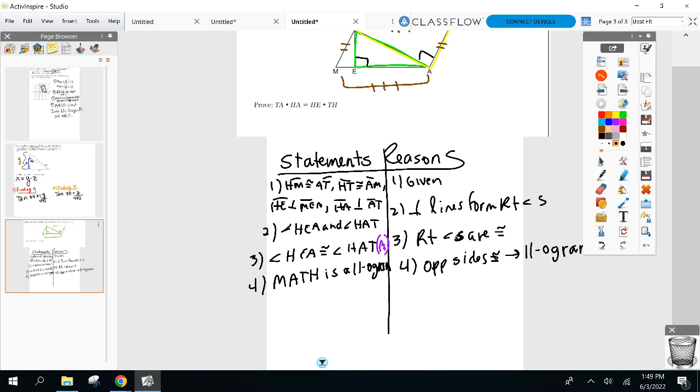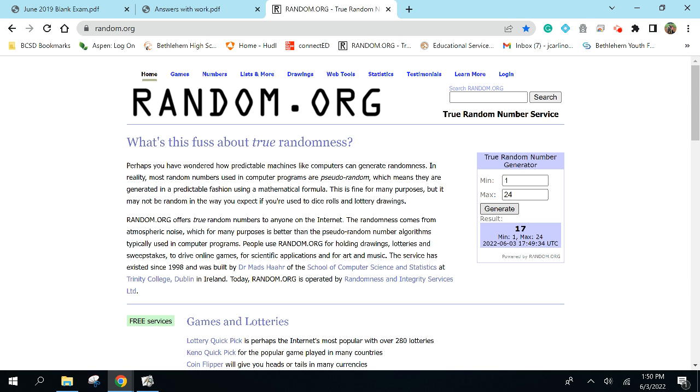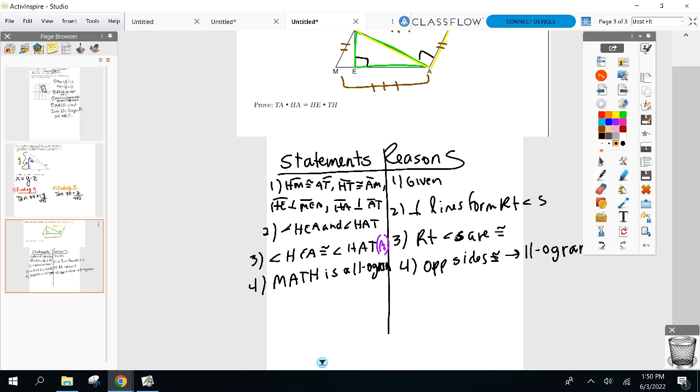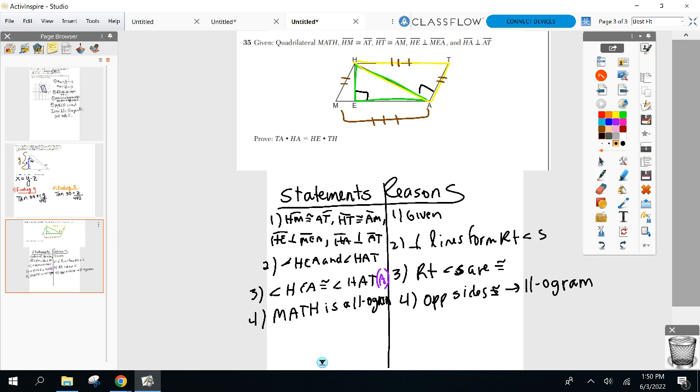So how's that getting me another angle here? It's a parallelogram now. How does that lead me to a final pair of angles? Opposite angles are congruent. So T would be congruent to M. But there's a problem with M. What's the problem with M?